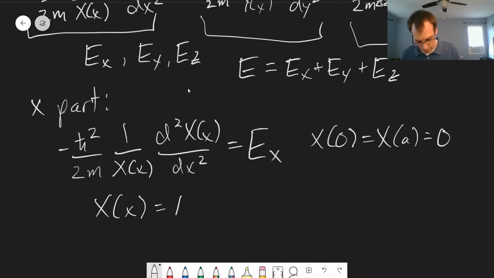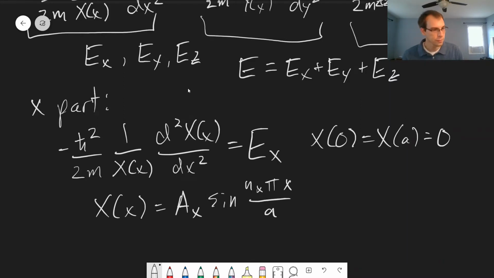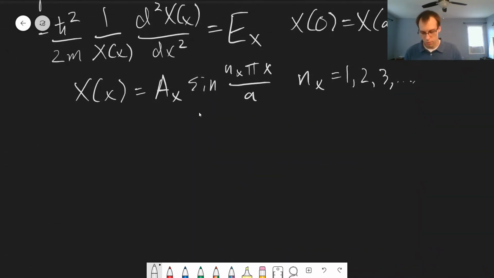X of x is equal to some constant A times sine of nx pi x over a, and nx is equal to 1, 2, 3, etc. There's nothing different about the y and z solutions, and so we end up with the exact same thing for Y of y.